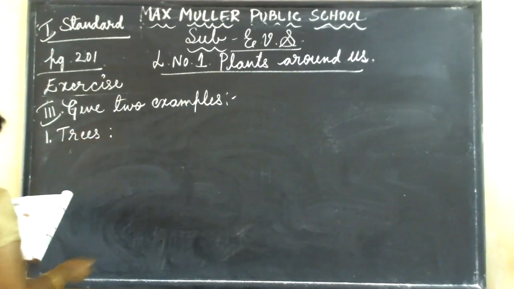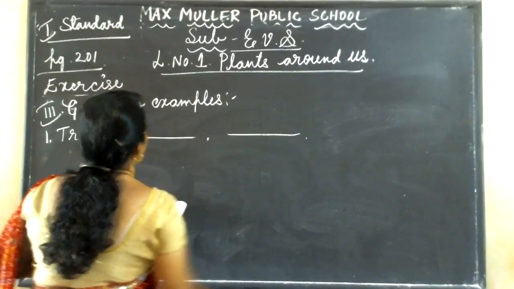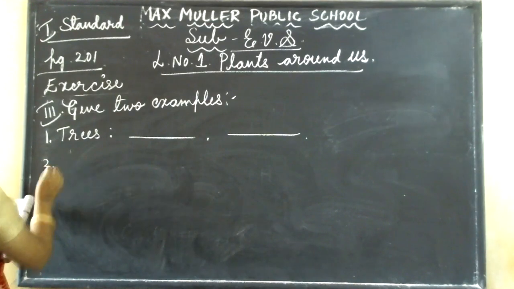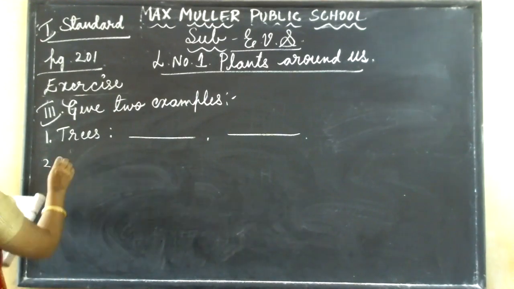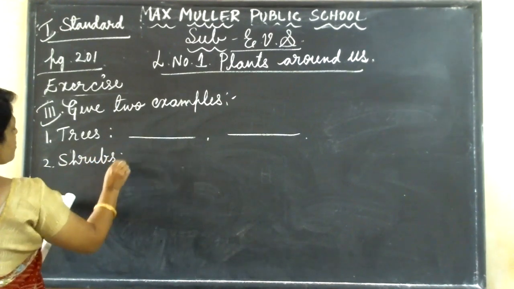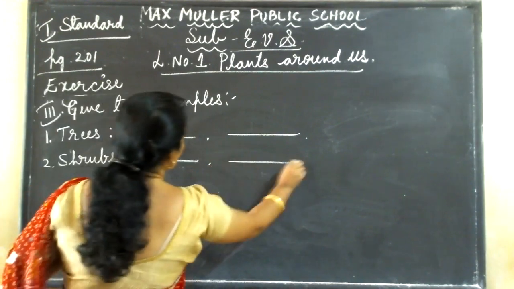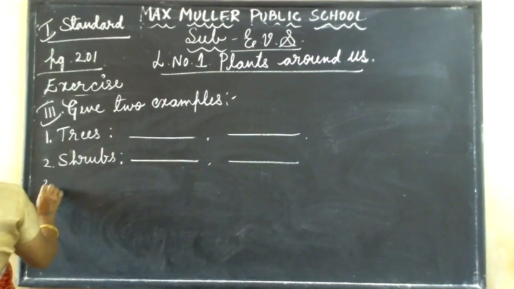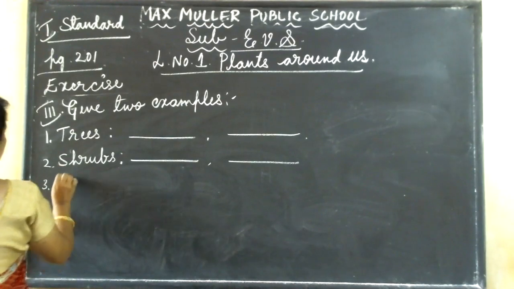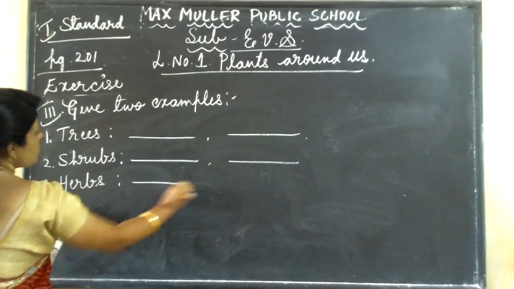You should write 2 examples of trees. Then come to the second one, shrubs. S-H-R-U-B-S, shrubs. We should write 2 examples of shrubs. Then third one, herbs. H-E-R-B-S, herbs.